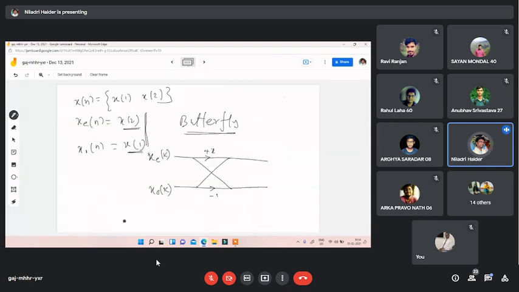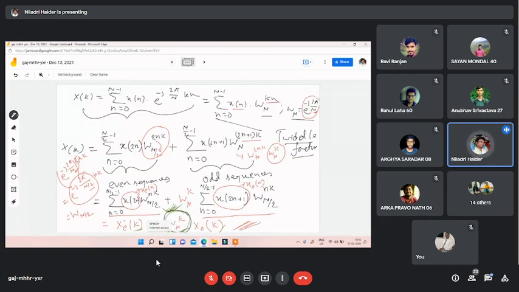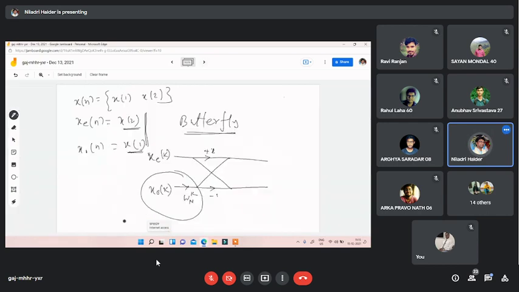That WNK will always be multiplied to the odd sequence. It will be multiplied to XOK always, because you checked here, it is multiplied with XOK or X odd K. So XOK will be multiplied by WNK, and XEK will be like that.